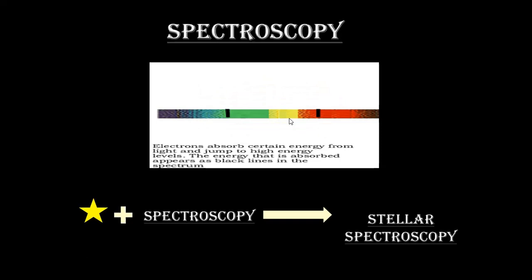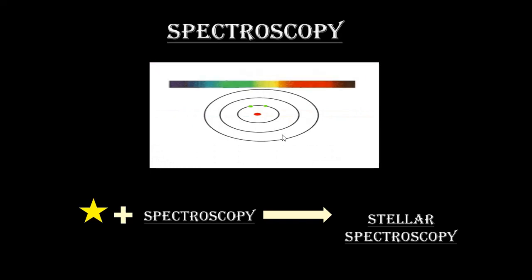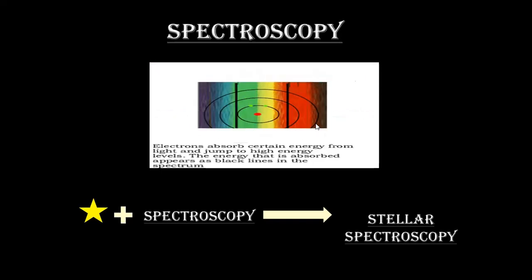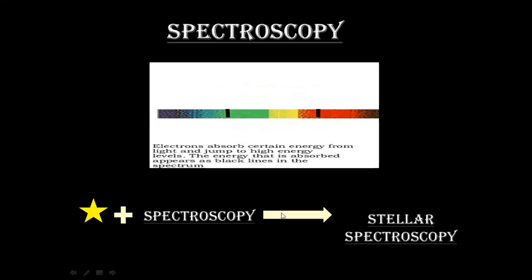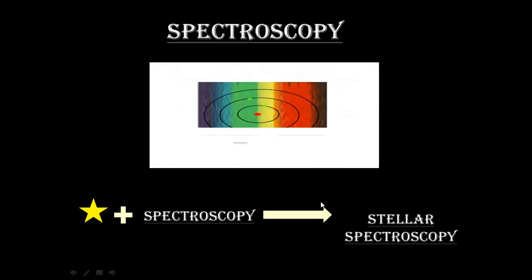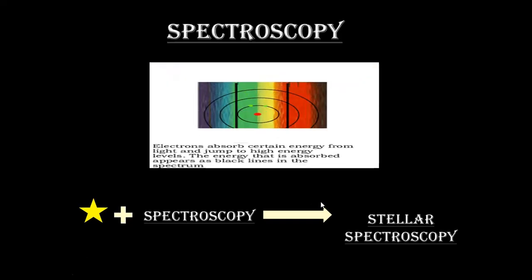So how can they be identified? They can be identified by using spectroscopy. The study of stars using the concept called spectroscopy is what is meant by stellar spectroscopy.